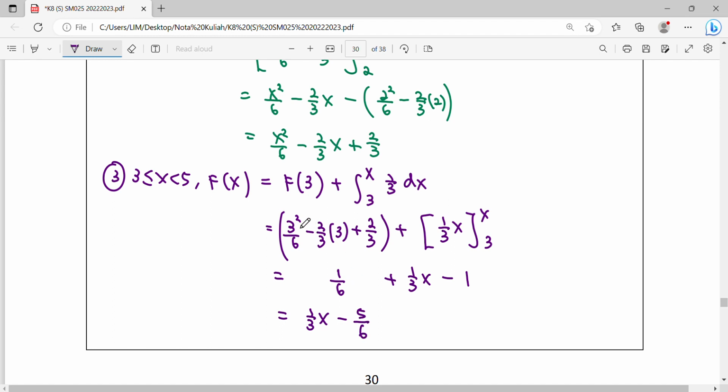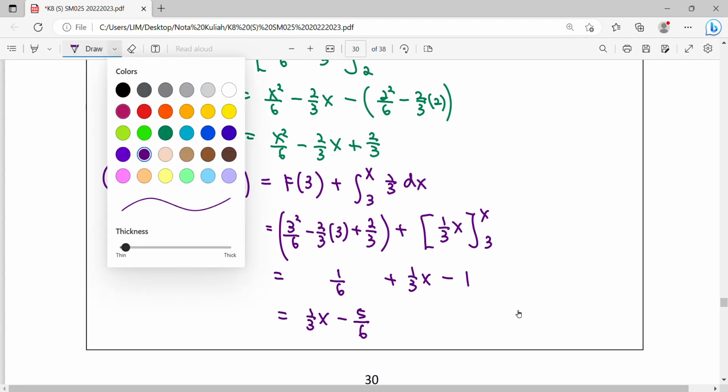When you press this F3 previously, before that, is it 1/6? Yes, so when you substitute upper limit minus lower limit is 1, so 1/6 minus 1, we simplify, we get negative 5/6. Okay? So, third step, we finish, we move on.